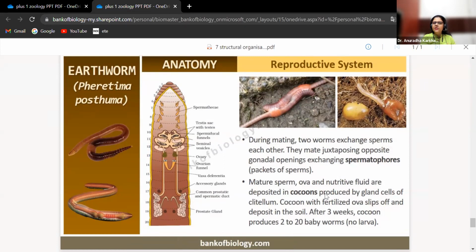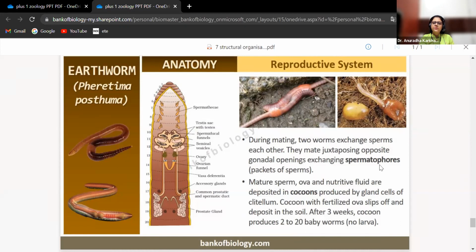As I said, don't take too much tension, this is not a word-to-word rote learning point. If by chance a question comes, you should have at least a little bit of idea about the organism. So clitellum, postclitellum, preclitellum, prostomium, peristomium, 14th and 18th genital pores, where is male, where is female, where are the spermathecae, what is the role of spermathecae, what is the gestational period, and how many baby worms can be produced. These are some important and frequently asked questions. Don't take tension. Correct?